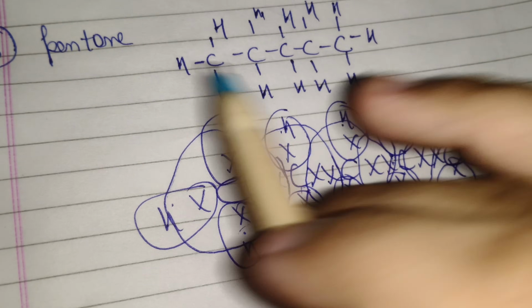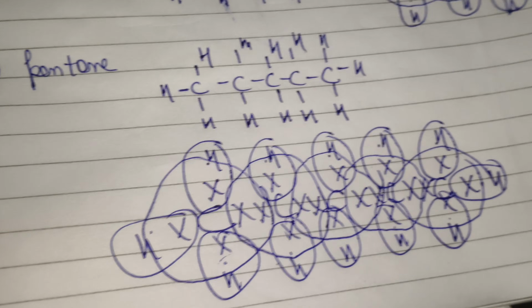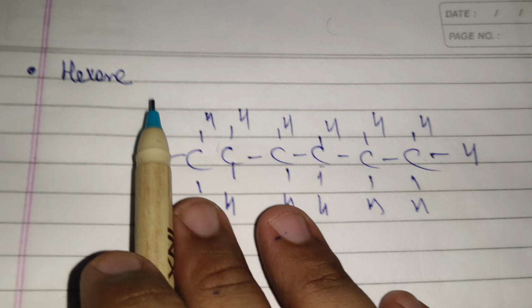This is the Lewis dot structure of pentane. Now we're going to make hexane on the next page. The last compound that we have is hexane.